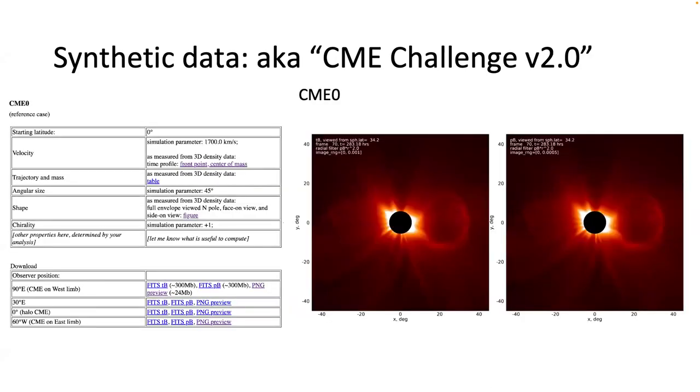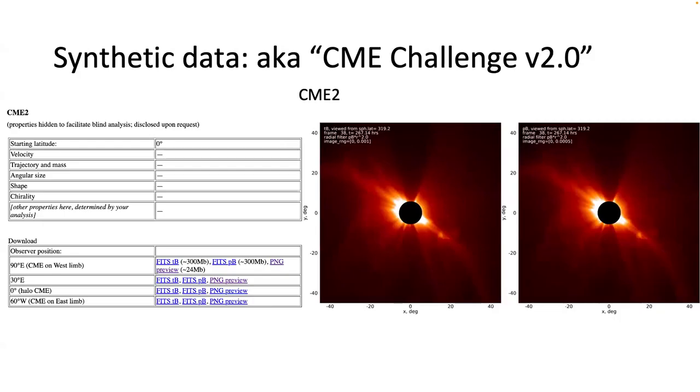This is the CME 0 simulation and synthetic observations. You see the total brightness and polarized brightness images for one particular time. These are snapshots from the website that Annie created and made available to the community. Those tables contain the parameters of that CME that we assumed in this case, and also the database of all the images to use for the reconstruction methods.